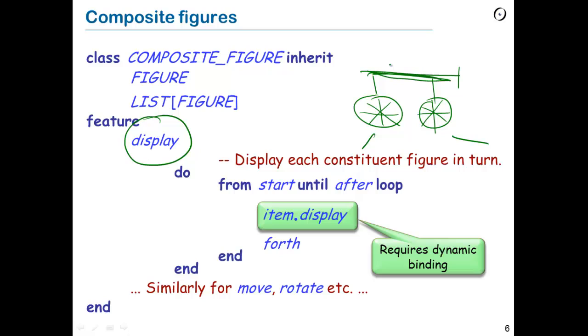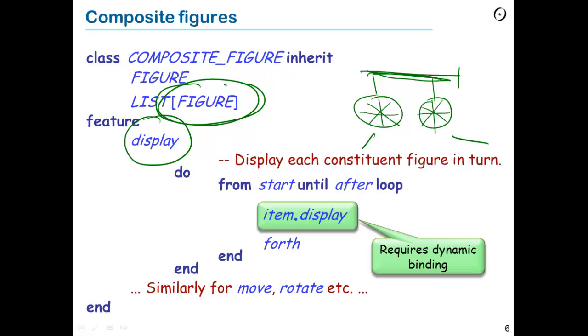I found this example really elegant, and you can see that it's kind of a concentrate of much of what we have seen so far in this course. We have classes, we have inheritance, specifically multiple inheritance. We have, of course, genericity, because we are talking about a list of figure.